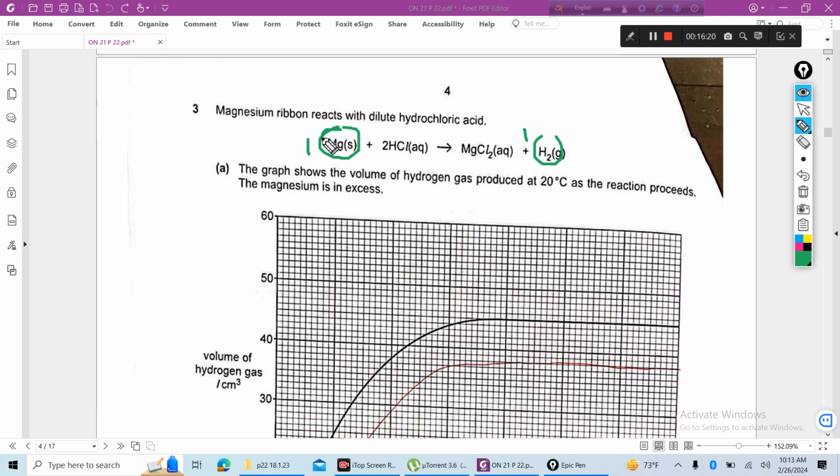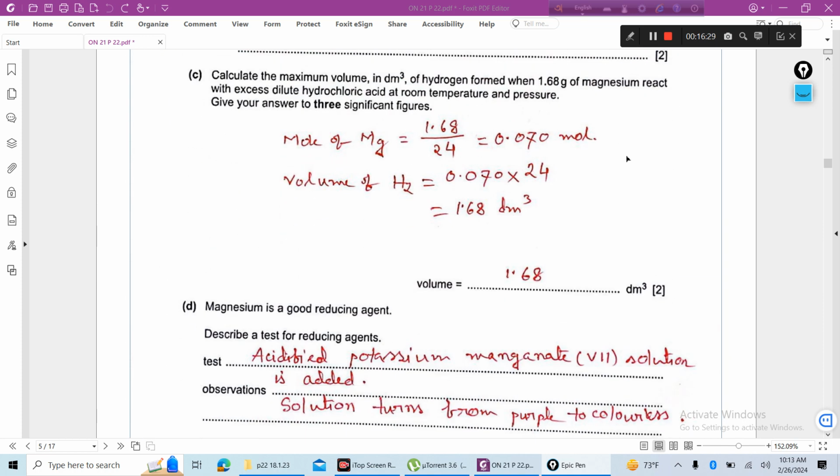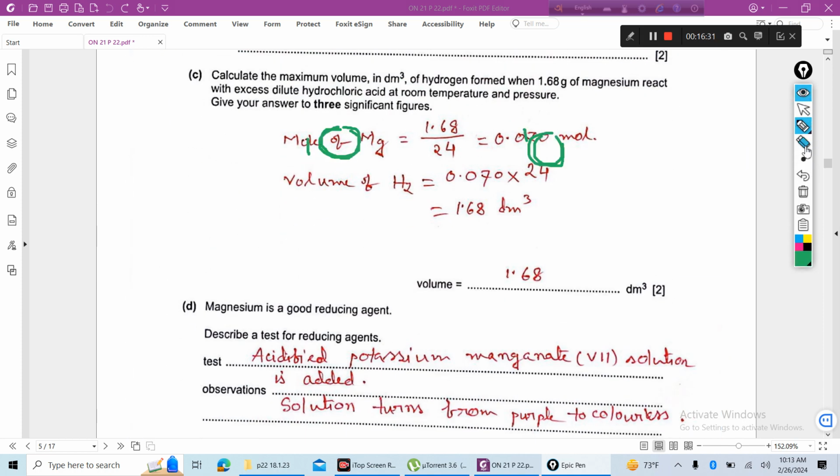So the number of moles of hydrogen will be the same. Now volume of hydrogen equals number of moles of hydrogen times molar volume. Molar volume of a gas at room temperature is 24 dm cube. So the answer will be 1.68 dm cube.